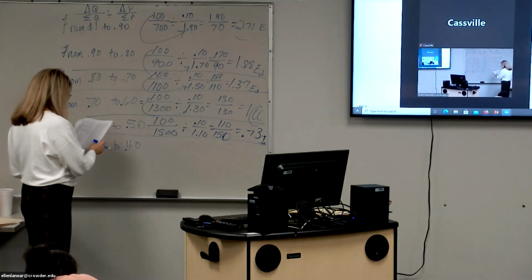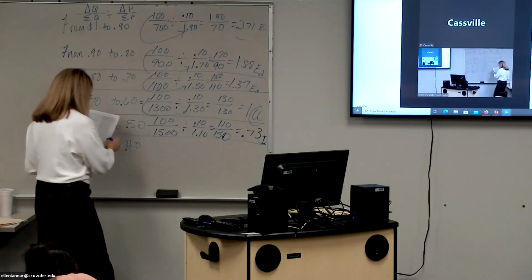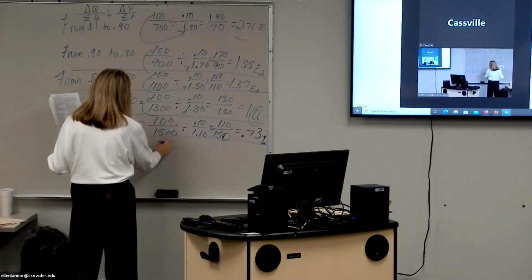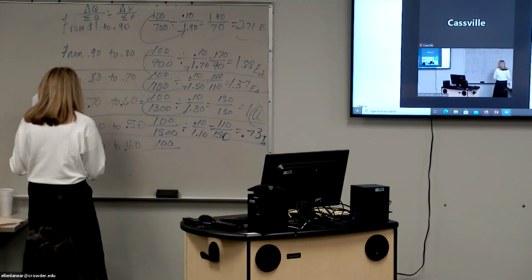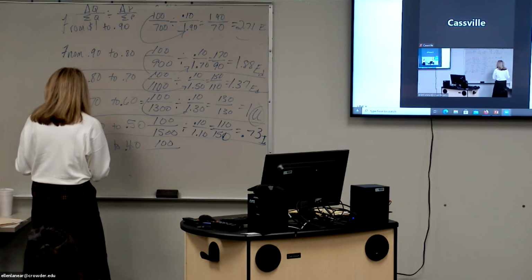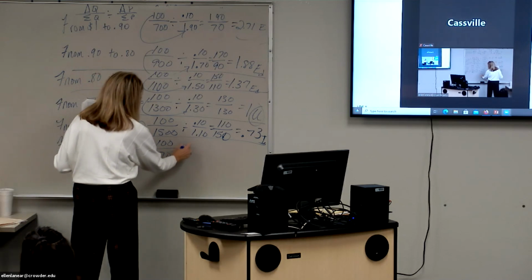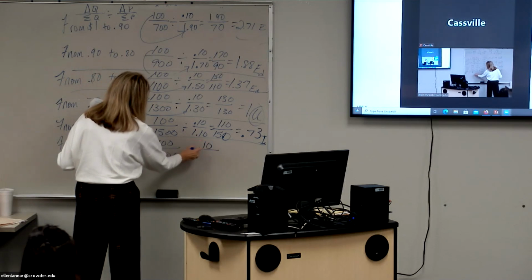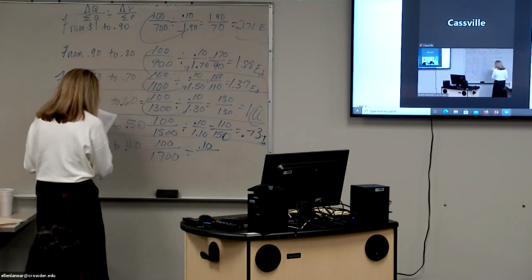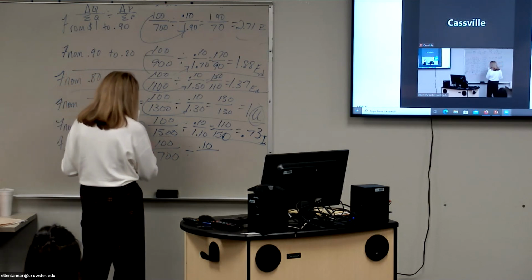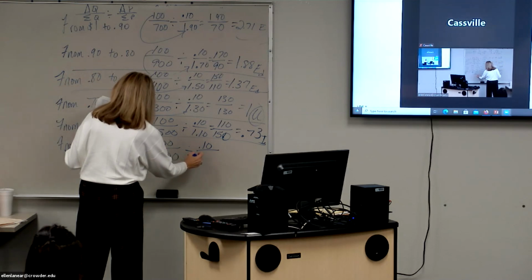And then from 50 cents down to 40 cents, the change in quantity is still 100. Add the quantities together, 800 plus 900 is 1,700, divided by a change in price of 10 cents. And then add the prices together, 90 cents.